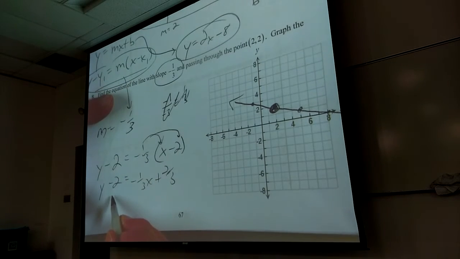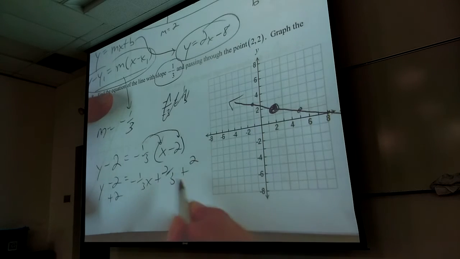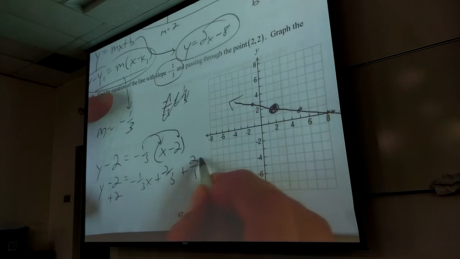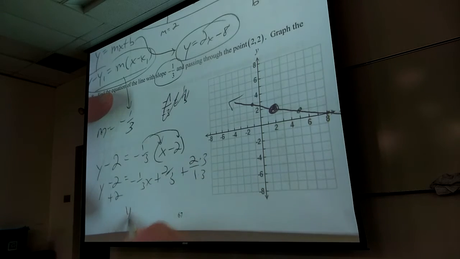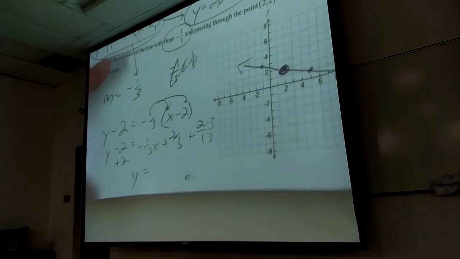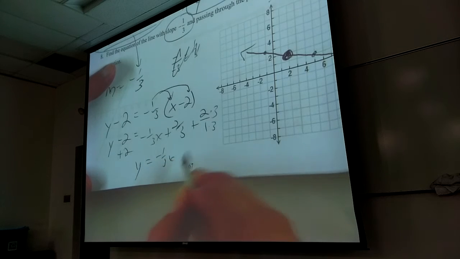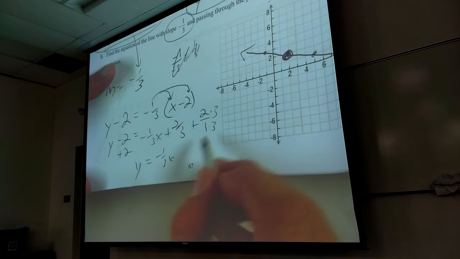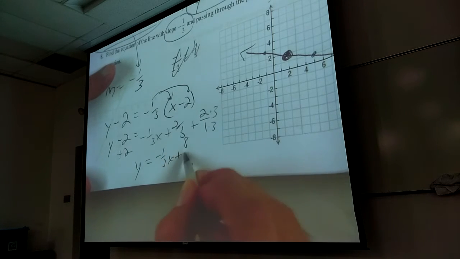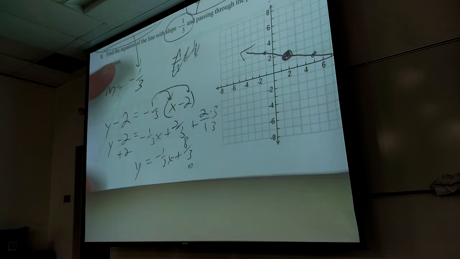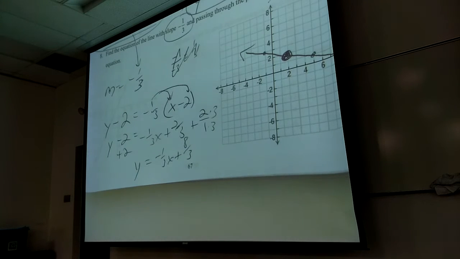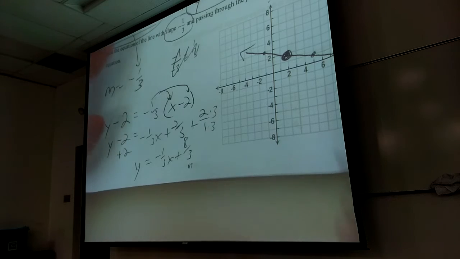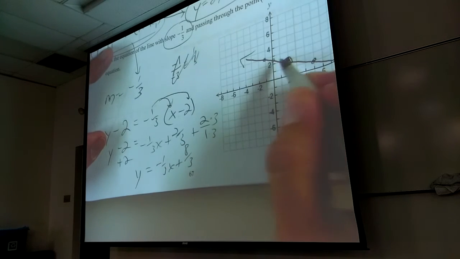And then I can add 2. So you get y equals negative 1/3 x, 2/3 plus 6/3 is 8/3. What is 8/3 as a mixed number? 2 and 2/3. That looks to be about where that is. So it does match.